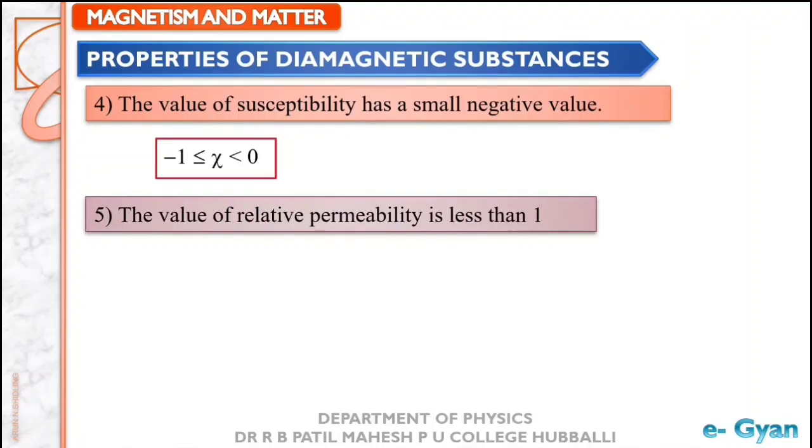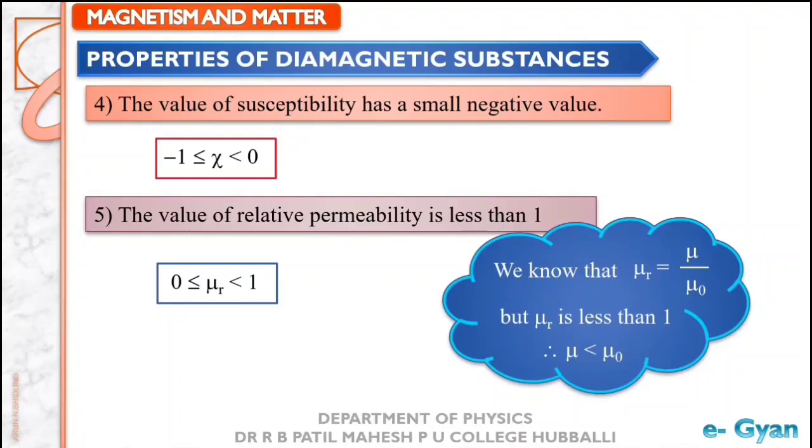Followed by that we have our fifth property. The value of relative permeability is less than 1. That is, mathematically mu r lies between 0 and 1. This can be given using the relationship between mu r and chi, that is mu r is equal to 1 plus chi.